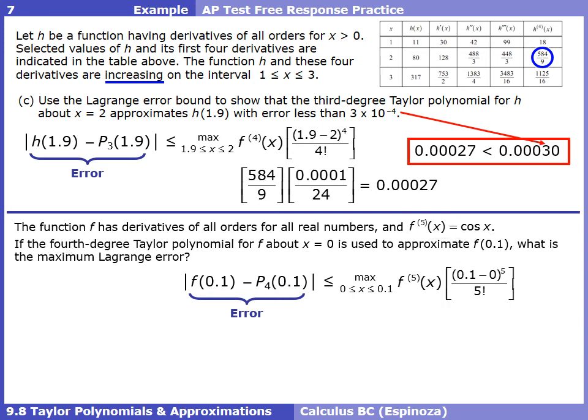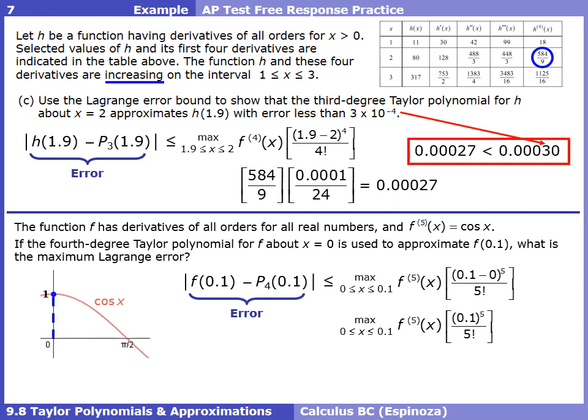Because they don't tell us if this function is increasing or decreasing, we can look at a graph. If we take cosine x and graph it from 0 to 0.1, you'll notice that our graph is decreasing in that little window.